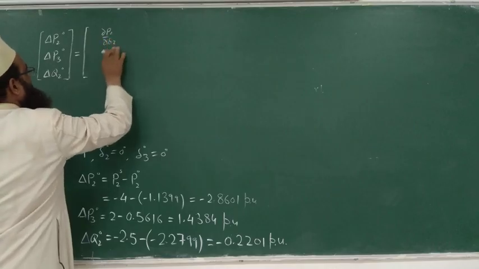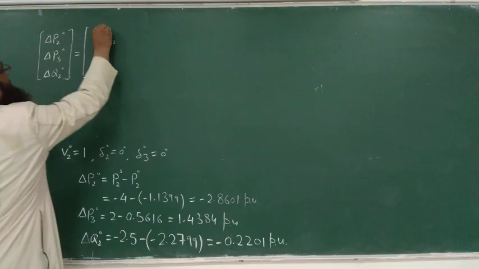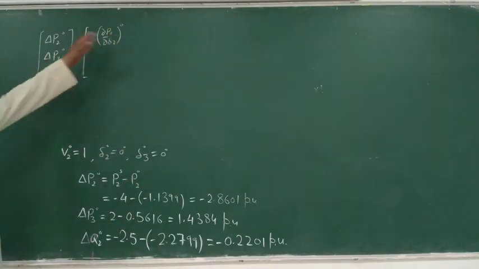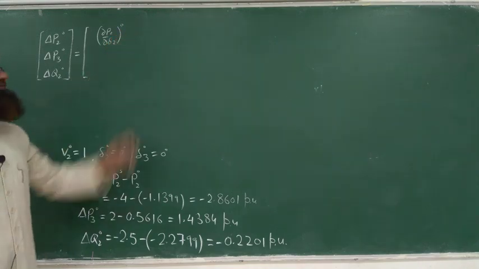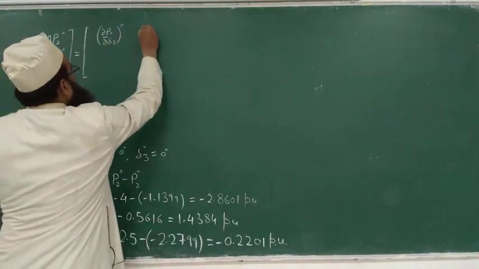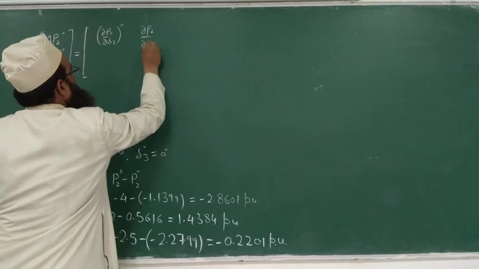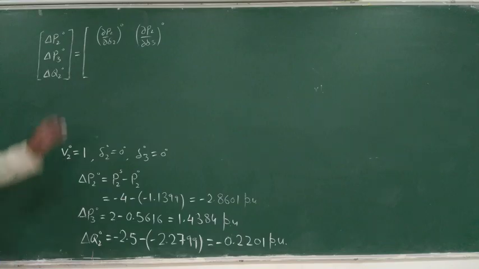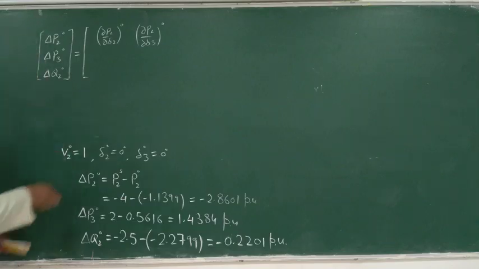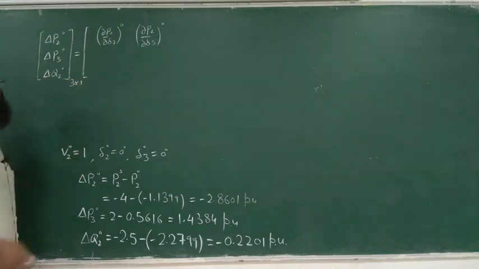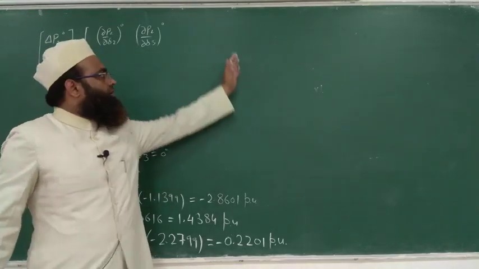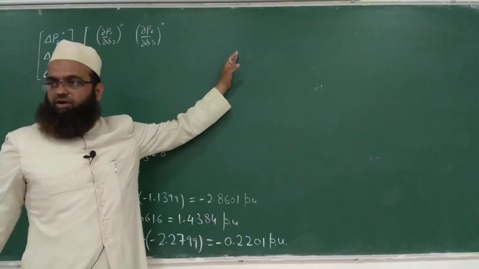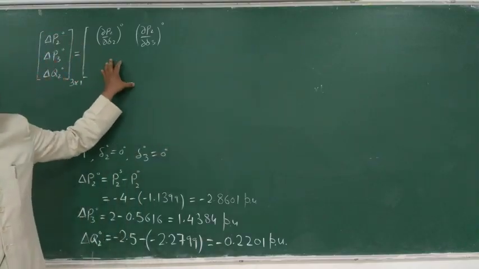If you are writing for 0, you will evaluate corresponding to this 0. If you are writing for 1, corresponding to 1, you know the values, right? The next element will be del P2 upon del delta 3. So what will be the order of Jacobian matrix? This is 3 by 1, hence this column vector corresponding to the correction in the variables will be again 3 by 1. So this will have dimension of 3 by 3.